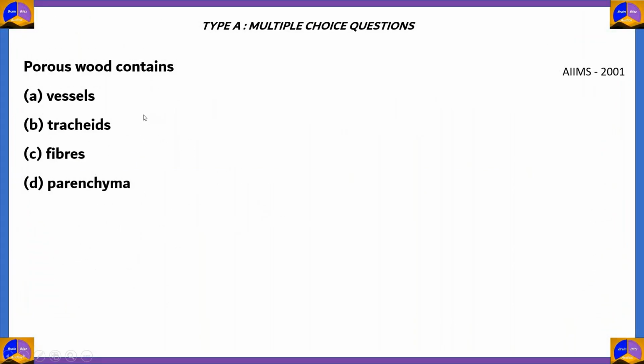The next question. Porous wood contains: A, vessels; B, tracheids; C, fibers; and D, parenchyma. Now, porous means that it has pores, but these pores are a result of vessels.